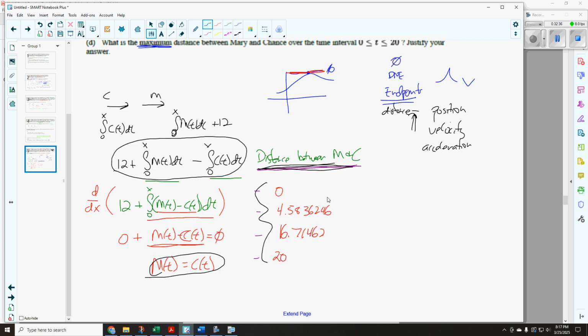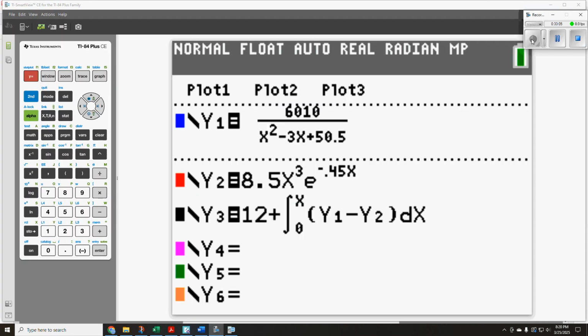I know that the maximum or the minimum distance between them will happen at these times, but what I want to evaluate is this function, not m of t minus c of t. M of t minus c of t just gave us these critical values, but this is the function that represents the distance between them.